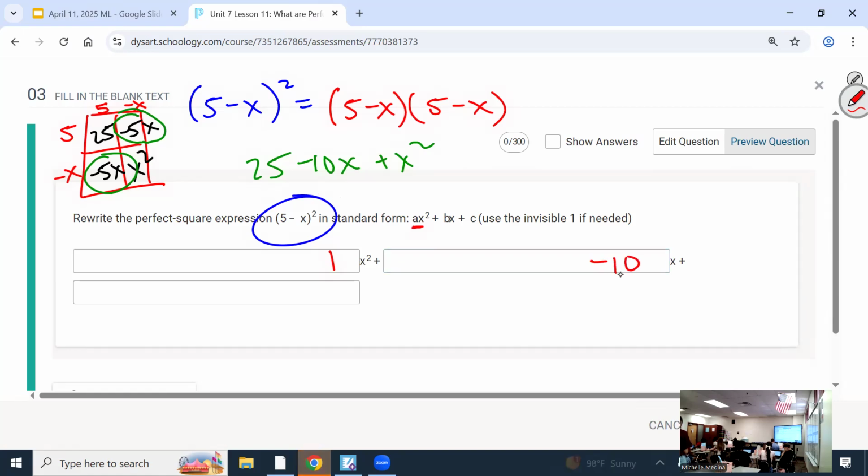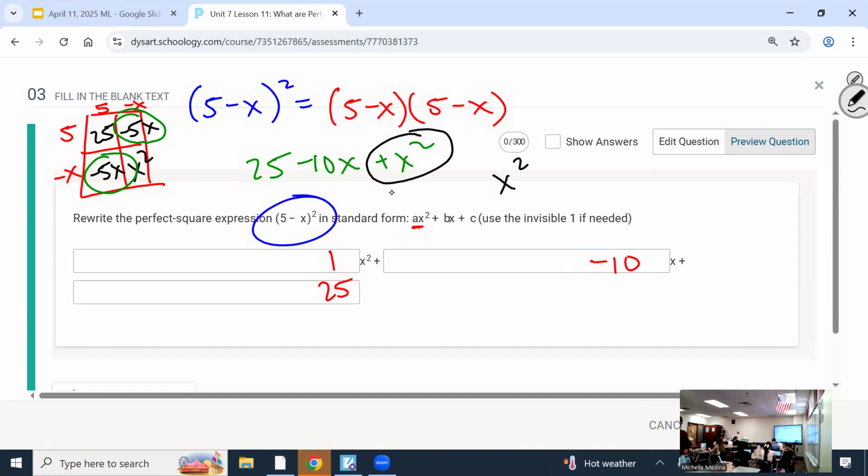And yes, we do want to put the minus there because right now I have it as plus. You need to put minus 10. And then the x is already there. You don't need to write it again. And then my single number is 25. Don't put any extra spaces or anything like that. If you were rewriting it in the correct order first, you just need to make sure you keep the sign that's in front of each term.